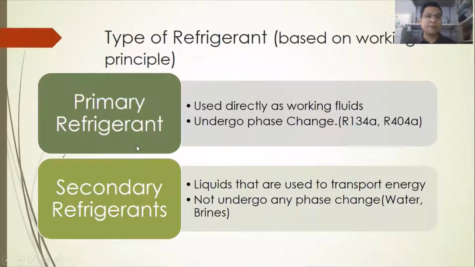What is the primary refrigerant? It is used directly as the working fluid and undergoes phase change, such as refrigerant R134a and R404. A secondary refrigerant is a liquid used to transport energy, which does not undergo any phase change, such as water and brines. The primary refrigerant is dominant in commercialized refrigeration.